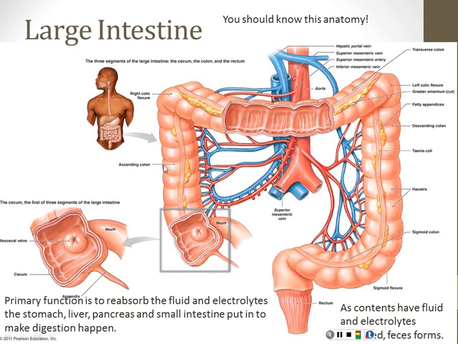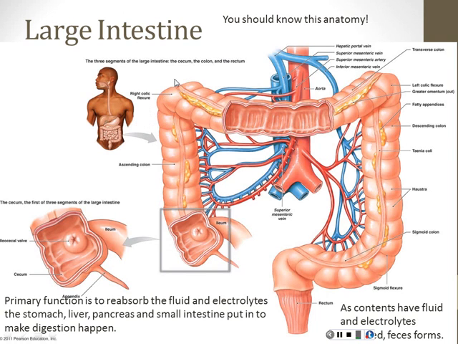That first bend where we go from up to across, we call that the right colic flexure. A flexure is a bend. Colic is having to do with the colon, and obviously this one's on the right. Another name for this is the hepatic flexure, and that's because the liver sits right here. So right next to the liver, we have the right colic flexure, also called the hepatic flexure.